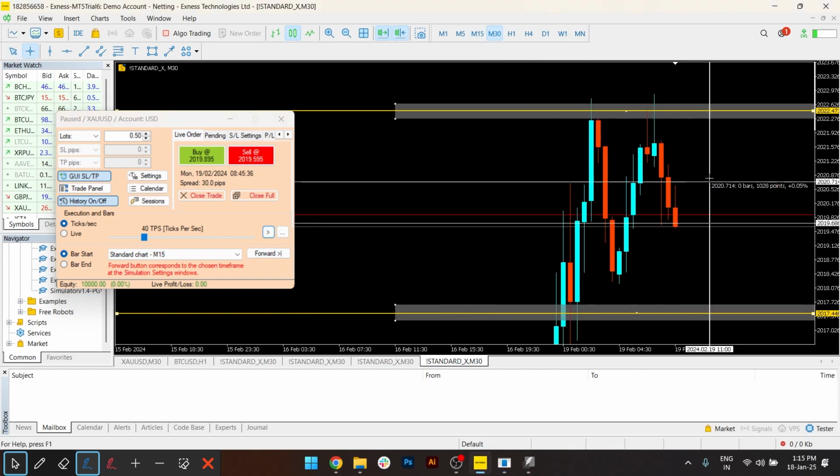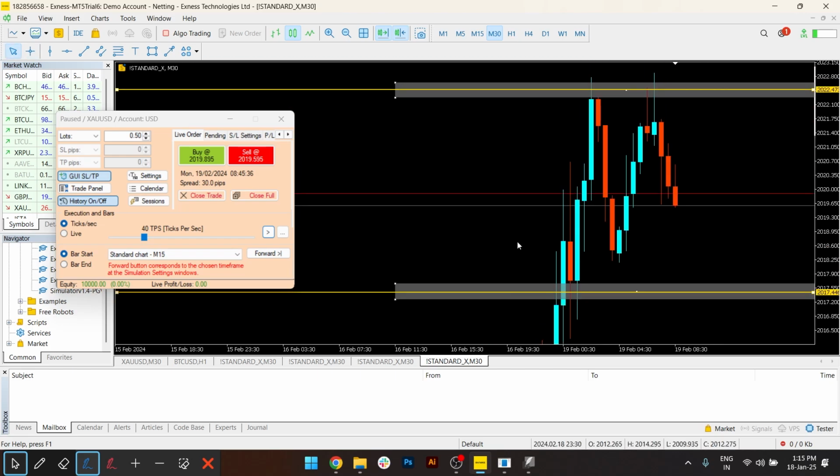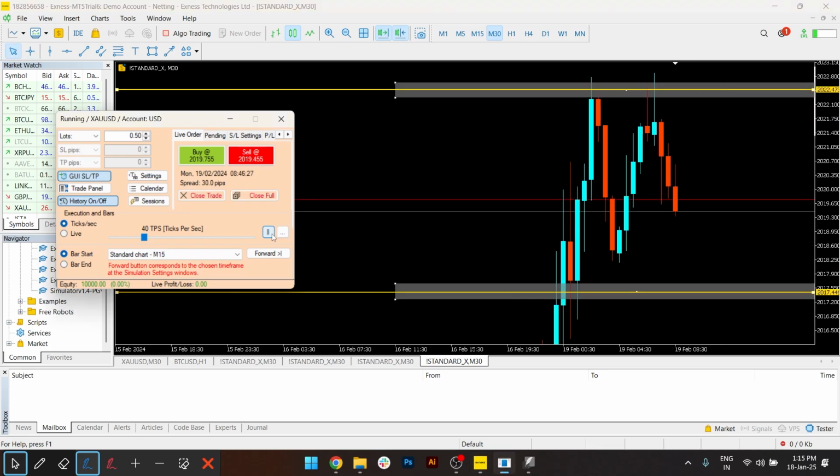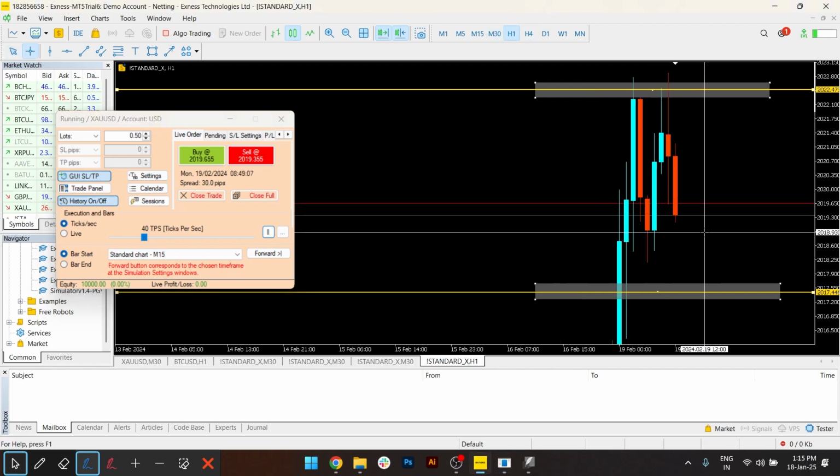Yeah, we're breaking below this, right? Maybe with volume we go down, I don't know. This is 1 hour support.